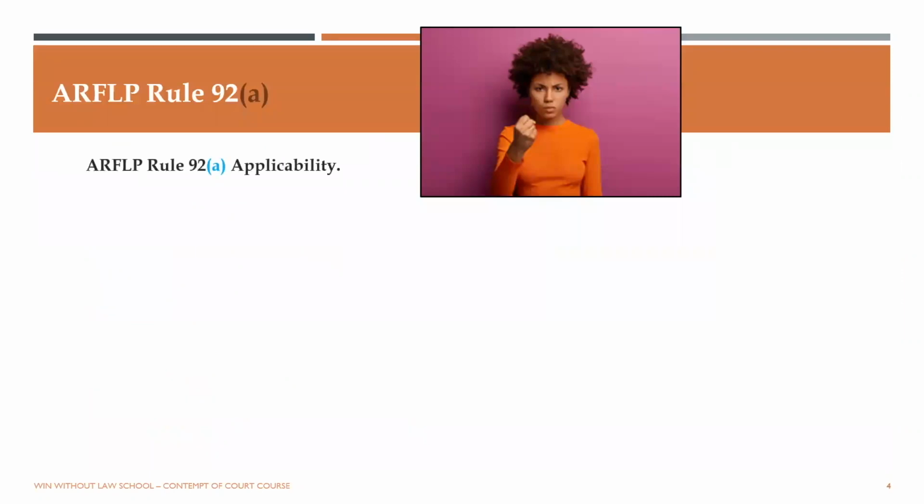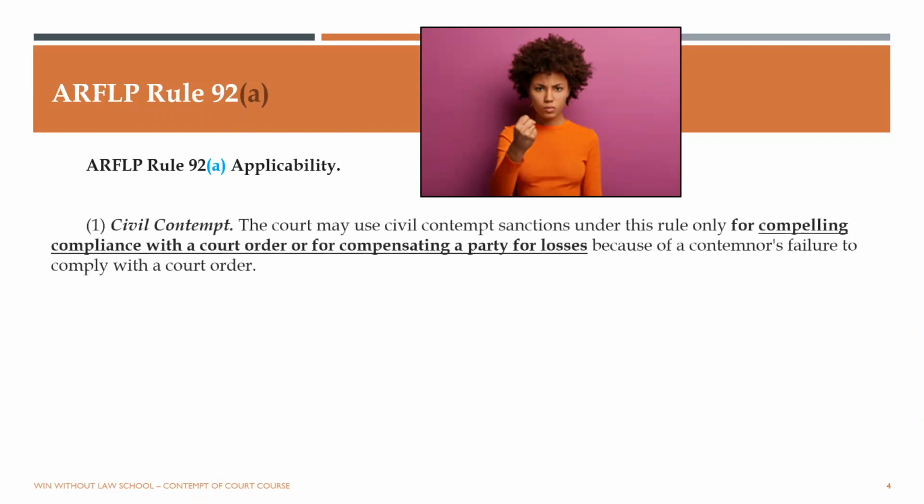So let's go through the various parts of Rule 92. We're going to start with subsection A, which is entitled Applicability. And it explains that in family law, you can pursue civil contempt, and civil contempt is limited to compelling compliance with a court order or compensating a party for losses because of the failure to comply with a court order.